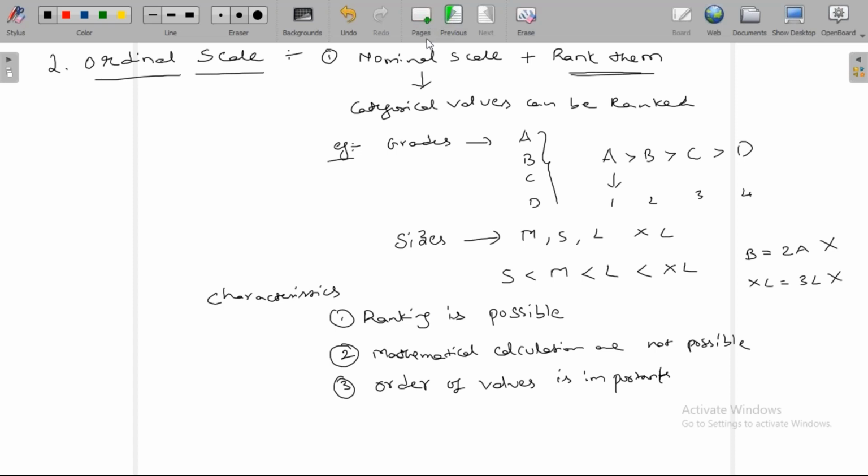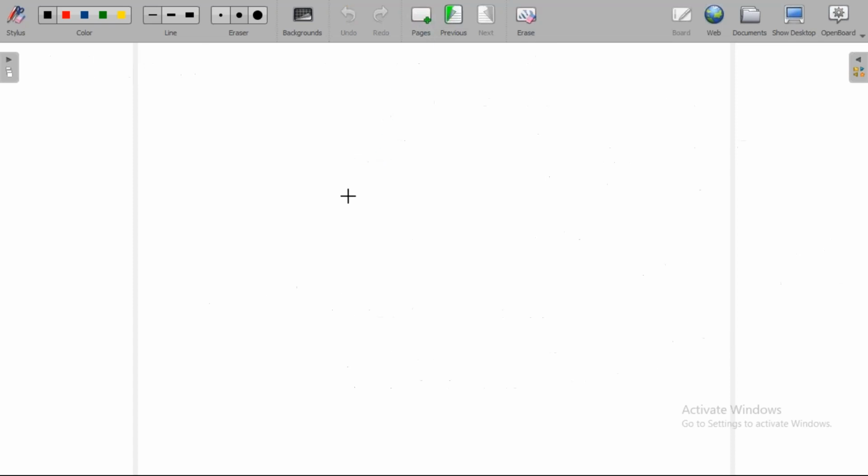So this is called interval, right? It has equal magnitude. When I talk about magnitude between consecutive intervals, for example 10, 20, 30, 40, these are the consecutive intervals.